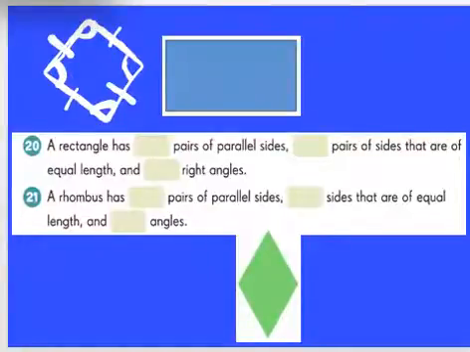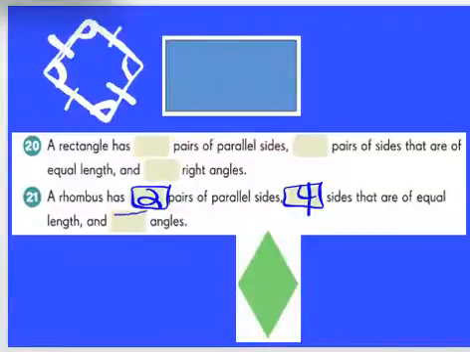So we can't call it a square, but we do still have the parallel happening, and we do still have the equal lengths happening. So a rhombus has how many pairs of parallel sides? 2 pairs, just like a rectangle does. How many sides of equal length? All 4 of them. And how many angles do you see there? There are 4. The only thing is they are not right angles, the way that they are in a rectangle or a square.